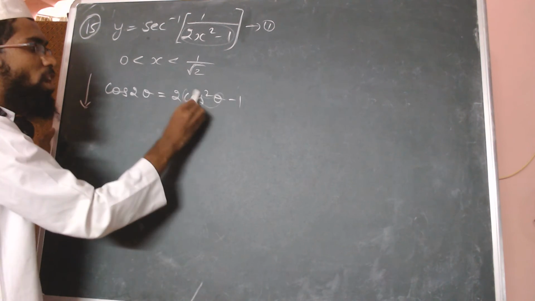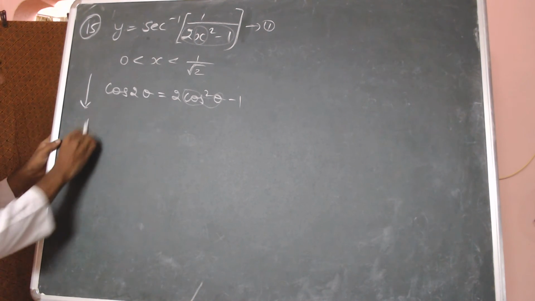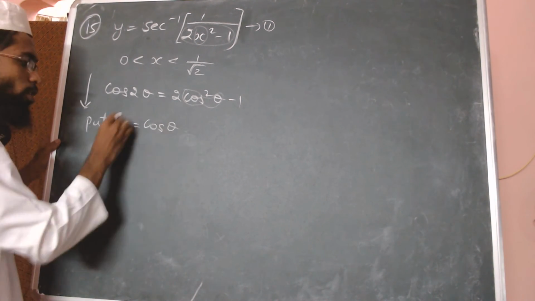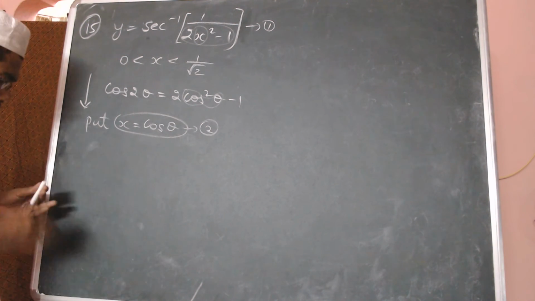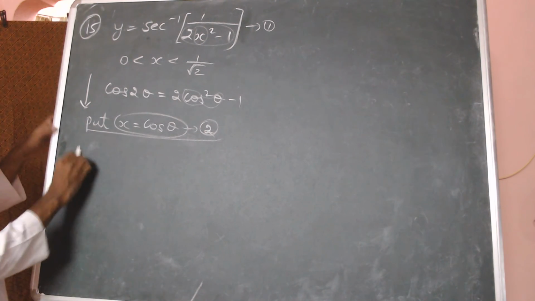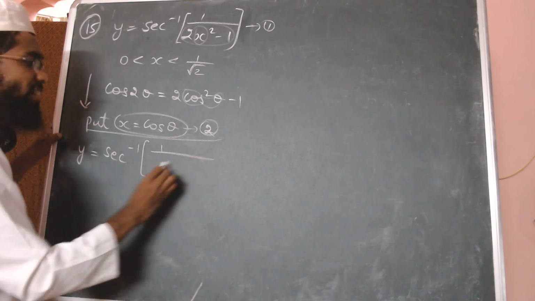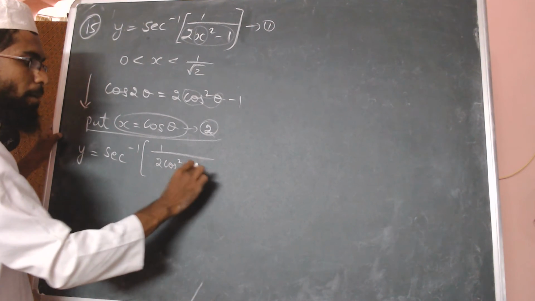So in the place of x, I have cos theta. So let me put x equal to cos theta. Let it be my equation 2. Now if I substitute here, I'll be getting y equal to secant inverse of 1 by, in the place of x, if I put cos theta, I'll get 2 cos square theta minus 1.